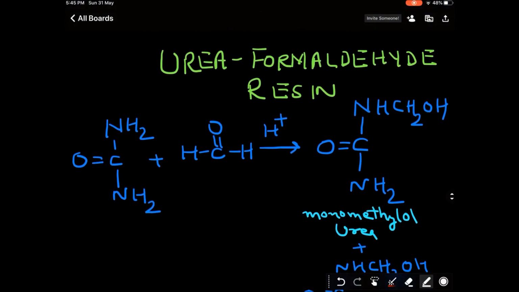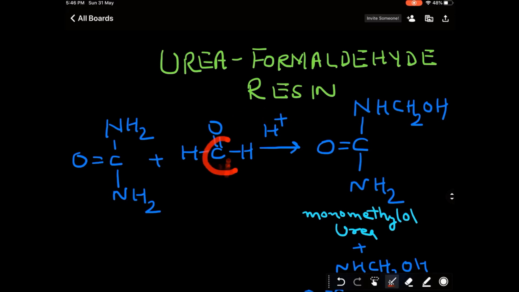We can explain how this happened. This NH2 has a pair of electrons. It is a base. And this oxygen also has a pair of electrons. Now under acidic conditions, it will accept a proton, which will make this carbon more electrophilic.